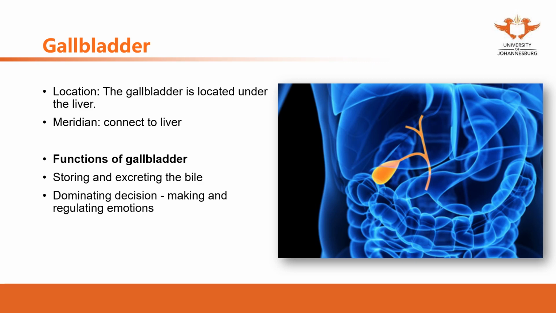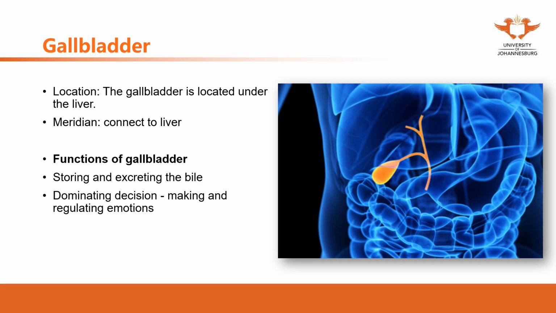The function of the gallbladder is storing and excreting the bile. That's one of the main functions of the gallbladder. In Chinese medicine theories, where does the bile come from? It's very similar to the question, where does the blood come from, or where does the qi come from.